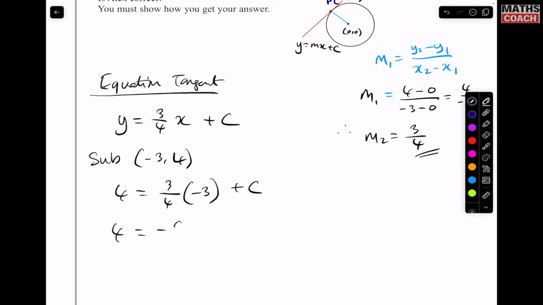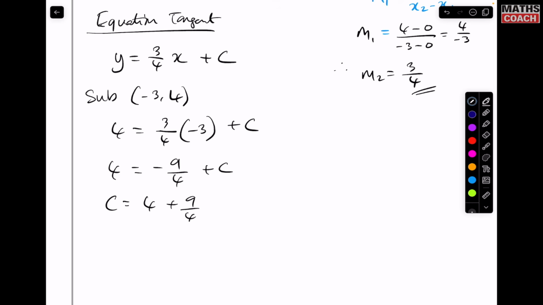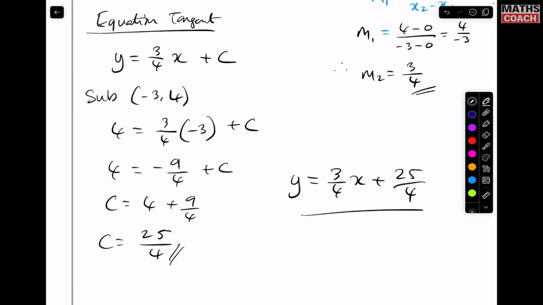So it's minus 9 over 4. By taking the 4 plus 9 over 4 to the other side, that gives us c equals 25 over 4. So that's c. So the equation of the tangent is now 3 over 4x plus 25 over 4.